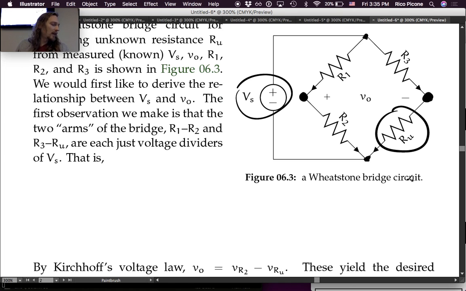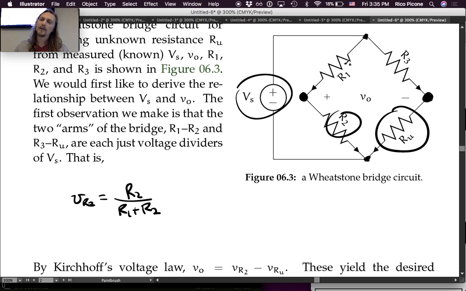Okay? So we can write the voltage across R2 and the voltage across RU using the voltage divider rule. So VR2 is equal to... VR2, that's this one, R2 divided by R1 plus R2, right?